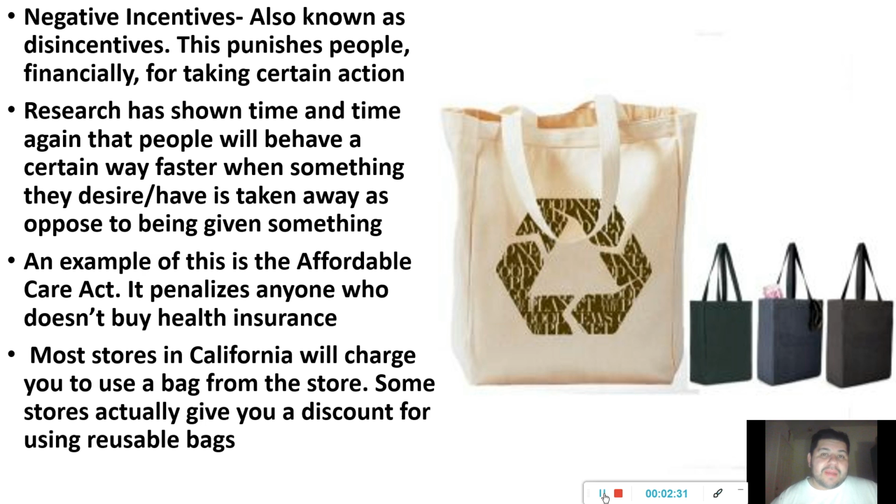Research has shown time and time again that people will behave a certain way faster. That's a key word, faster, when something they desire or have is taken away, as opposed to being given something like a reward. So if you have little brothers or sisters or cousins, and they're acting a fool, an adult may take away something they like.